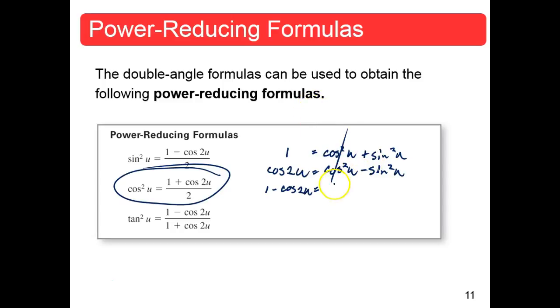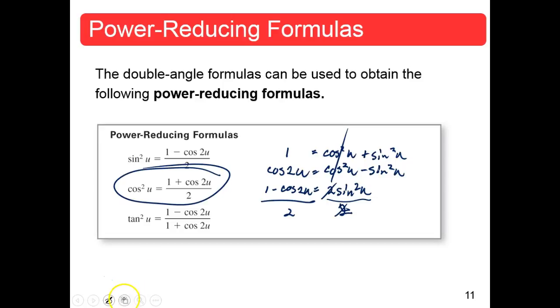And what do you have here? 2 sine squared u. And since I don't want 2 sine squared u, I just want 1, we'll divide both sides by 2. The 2's go out, and there we have sine squared u is equal to 1 minus cosine 2u over 2. Alright, so there we get that one.